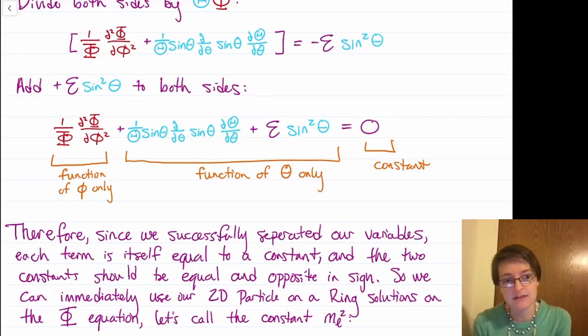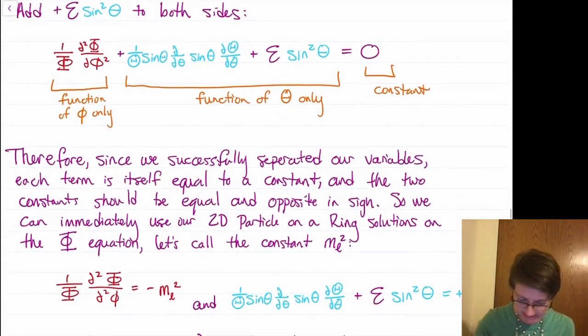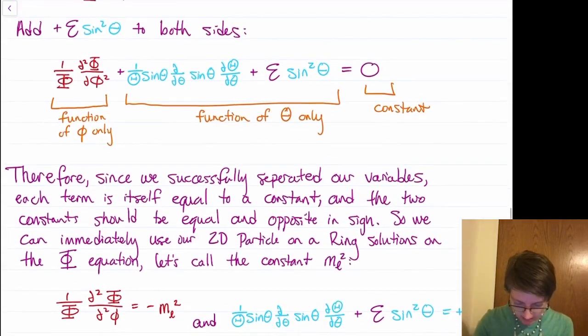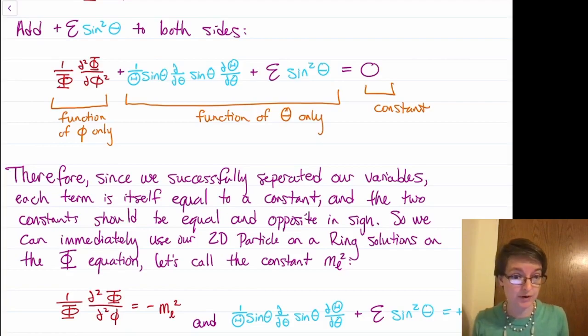And because in this case I know that that constant is equal to 0, it means that whatever the constant is for my first term had better be equal and opposite in sign to the constant that my second term is equal to. And I'm going to do something kind of sneaky that you might not have expected. I can call that constant whatever I want, and I'm going to choose to call that constant m_l squared.